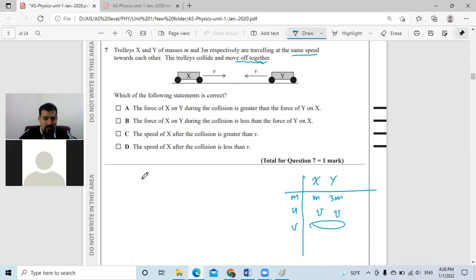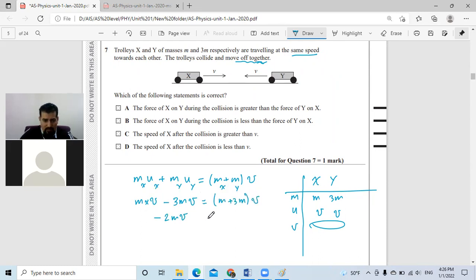So let's do the equation. mu plus mu equals m plus m multiplied by v. Here for x, here for y, here for both of them, x and y. So m multiplied by v minus, because in the opposite direction, 3m multiplied by v. So it's negative 2mv, which is equal to m plus 3m multiplied by v for both of them.